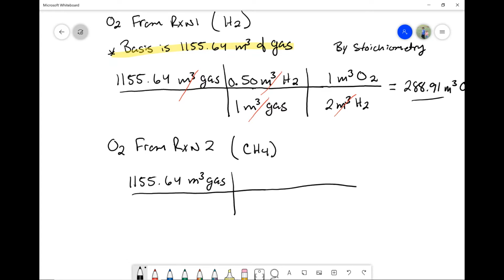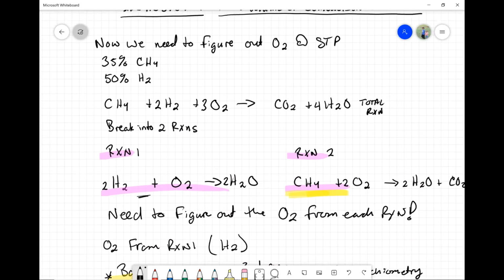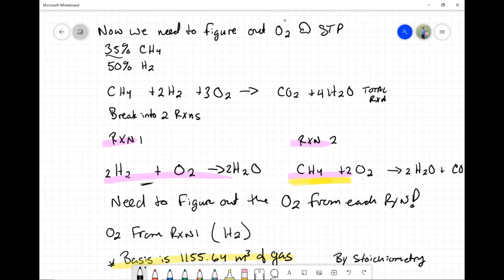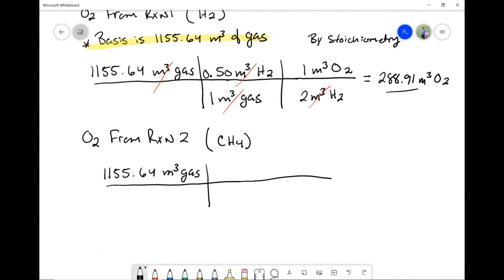And this time we remember we had 35% CH4. So in 1 cubic meter of gas, there's 0.35 cubic meters of CH4.